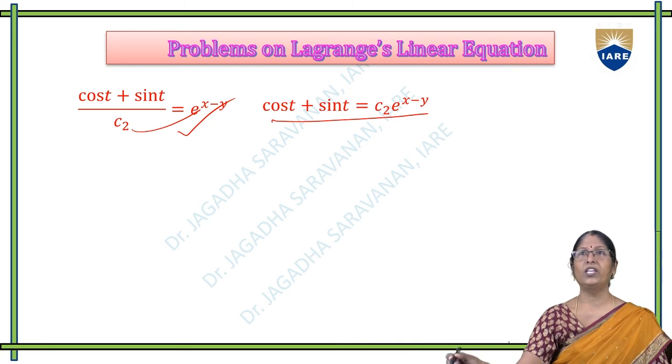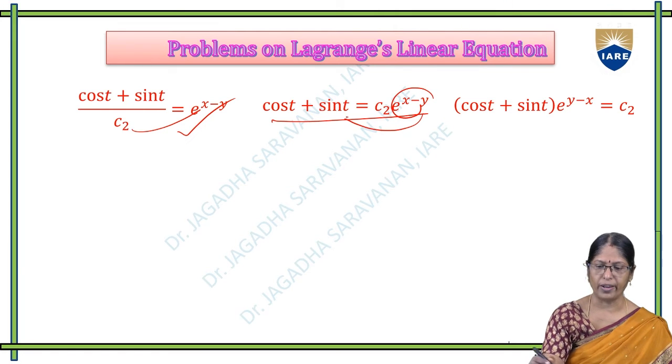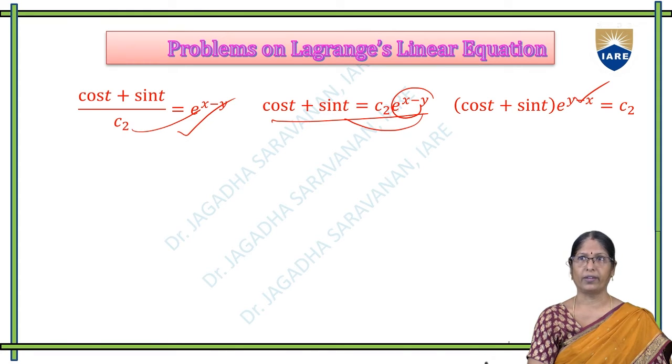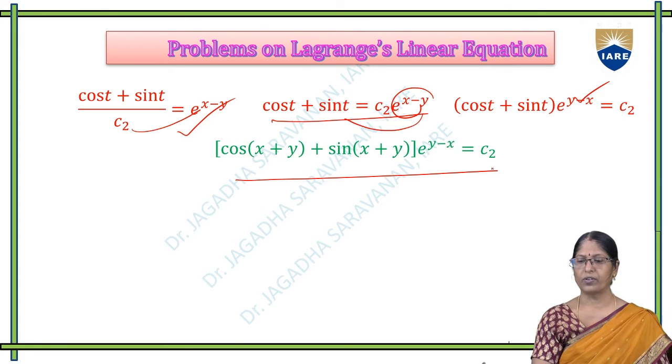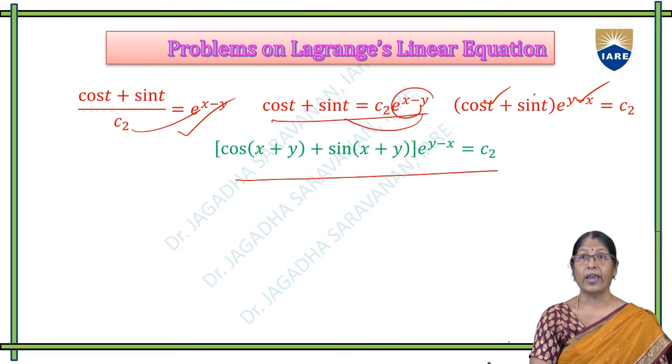We need C2 equal to that format. For that, we brought this to this side. When we are pushing the exponential term to the other side, then x minus y, the sign changing, becomes y minus x, which is equal to C2. So this is the result we obtained. The t what we assumed, that is x plus y, which is equal to t. So cos of x plus y plus sine of x plus y into e power y minus x is equal to C2.